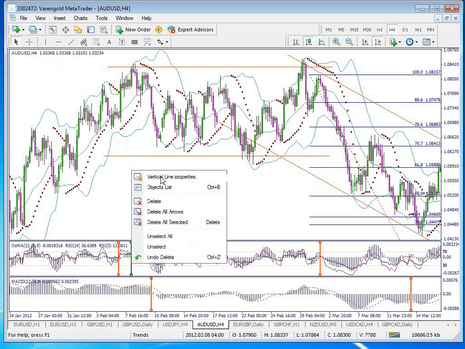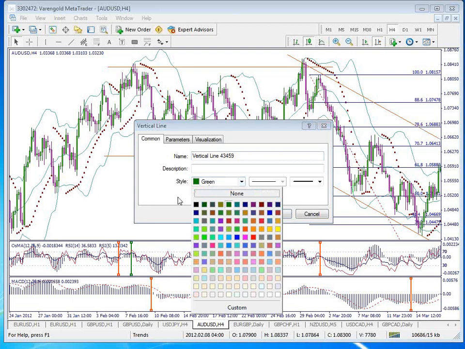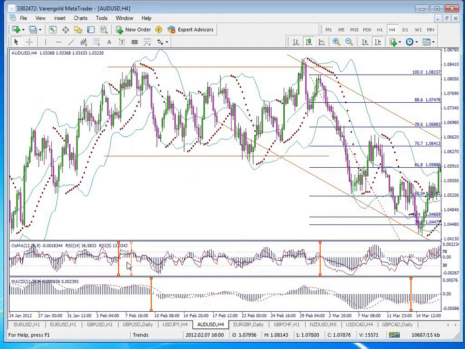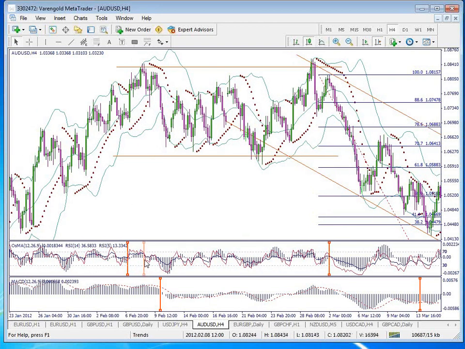I will take one soft color to make the difference. So I have here the signal for sell on 4-hour.